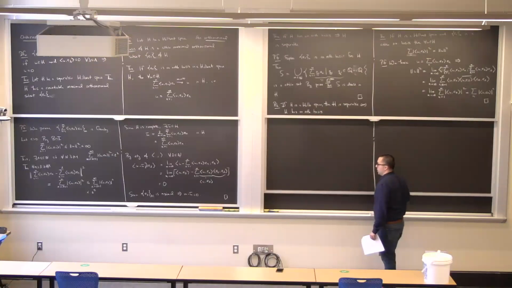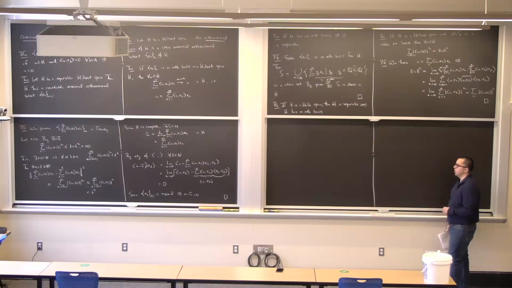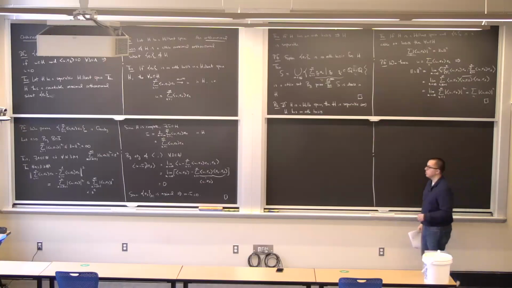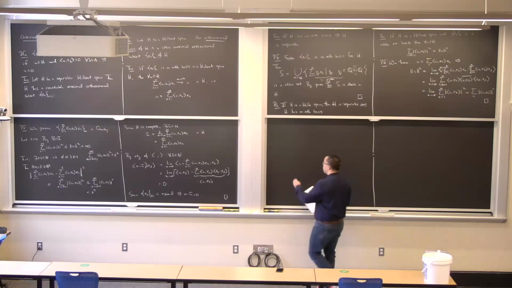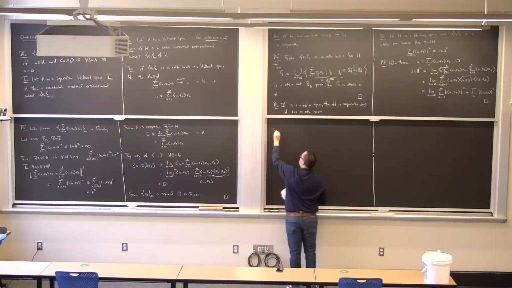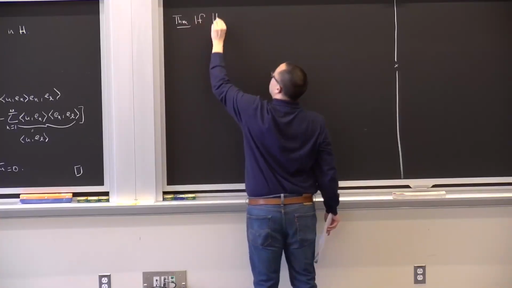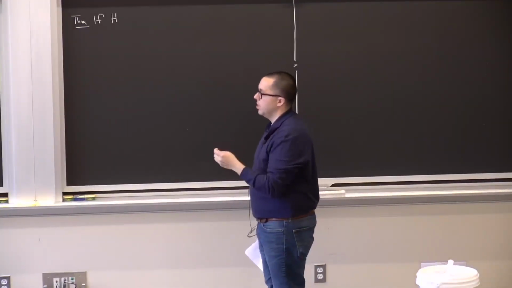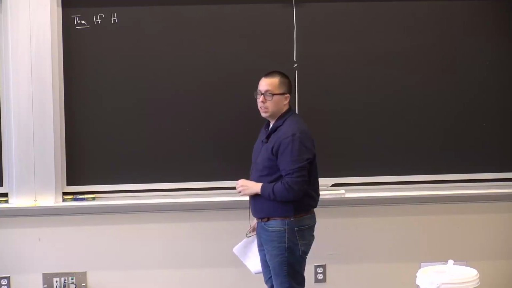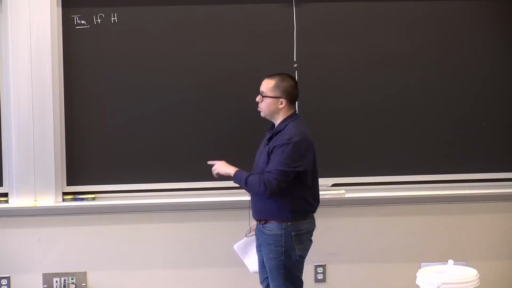What's more is that the previous actually gives us a way to identify every separable Hilbert space with the one you were introduced to in the first week, although I didn't call it a Hilbert space. So this is the following theorem, that if H is a finite dimensional Hilbert space, that means I can find finitely many orthonormal vectors that span the space, and it's quite easy to show that then that is isomorphic to C^n in an isometric way.